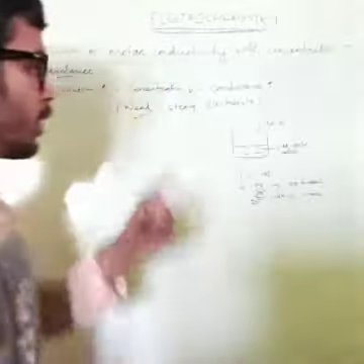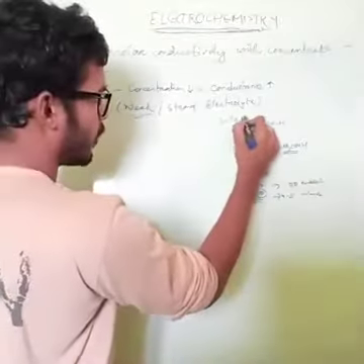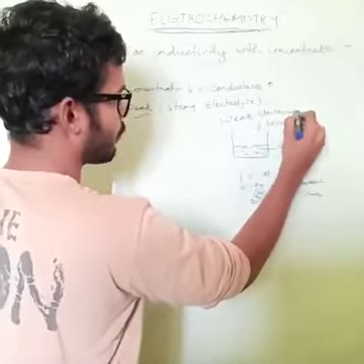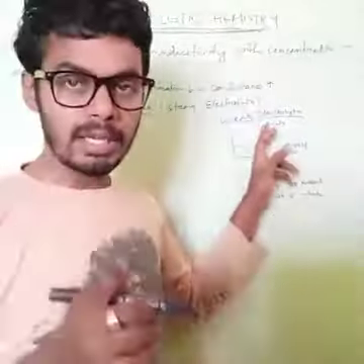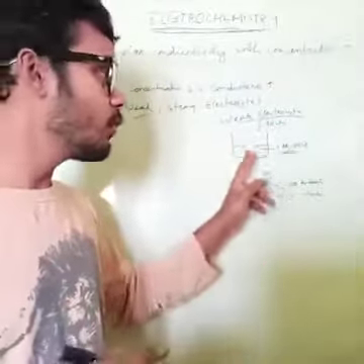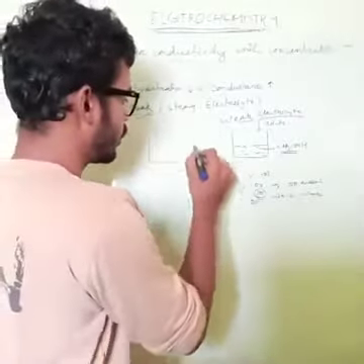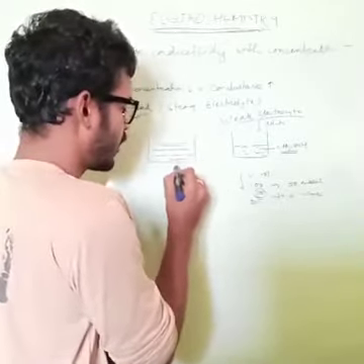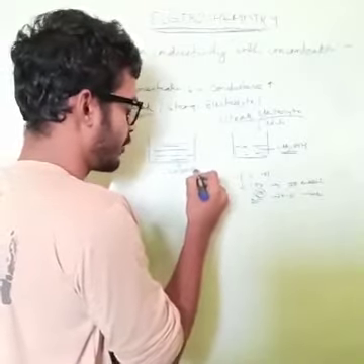Understood? This is how on dilution the conductance increases in the case of a weak electrolyte. If you take a strong electrolyte, what is the role of a strong electrolyte? It is completely dissociated, 100% ionized.